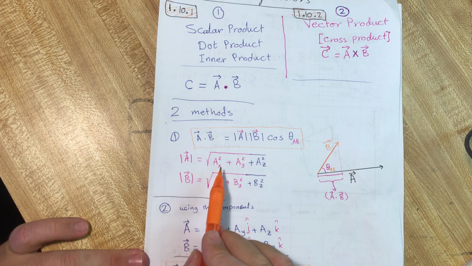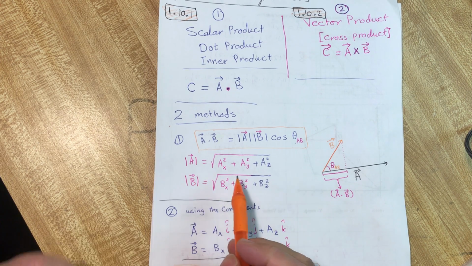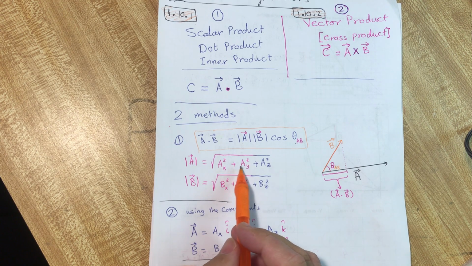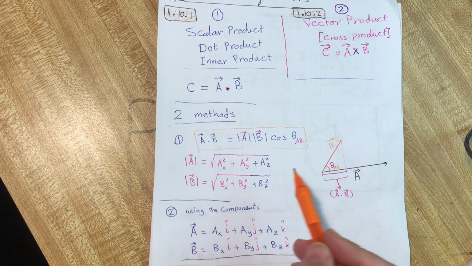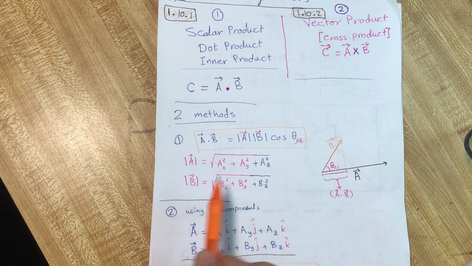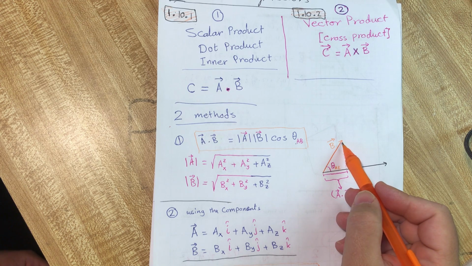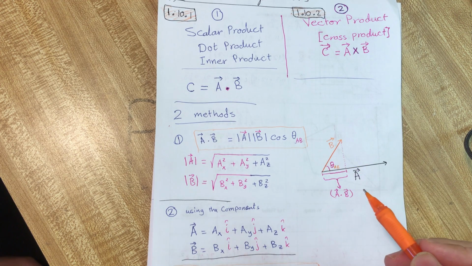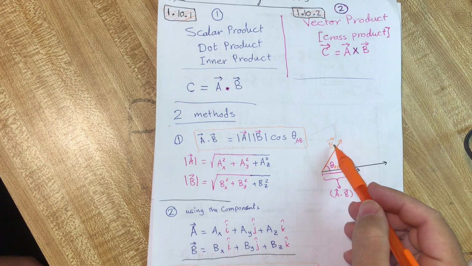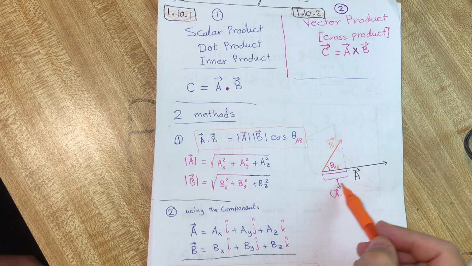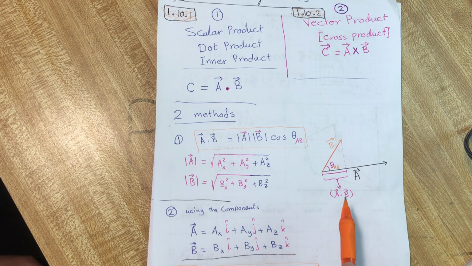The length of A, using the Pythagorean theorem, is the square root of ax squared plus ay squared plus, if we have it, az squared. Also the same for B. And the component, or the projection, of B on A is the scalar product quantity.